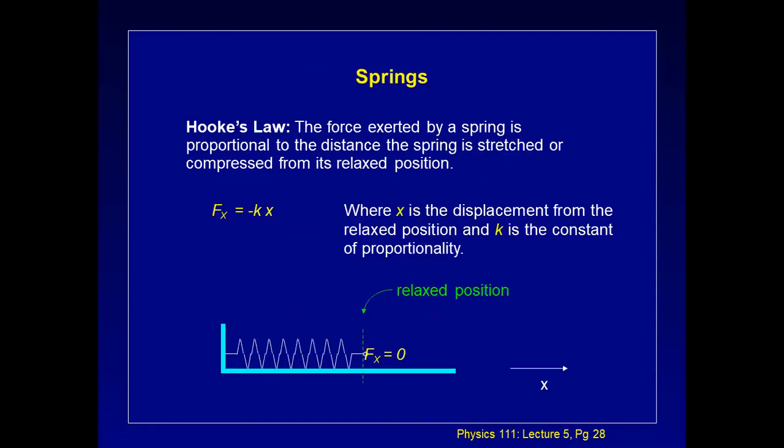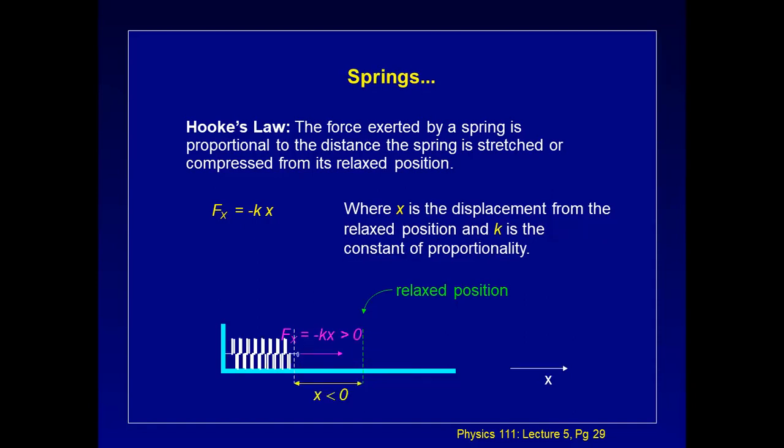Okay? Hooke's law. The force exerted by a spring is proportional to the distance the spring is stretched or compressed from its relaxed position. F of x is equal to negative kx, where x is the displacement from the relaxed position and k is the spring constant.